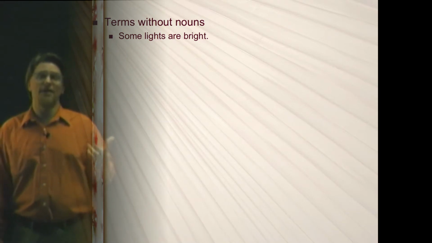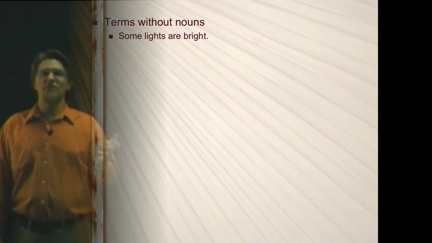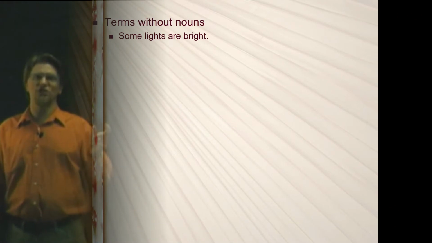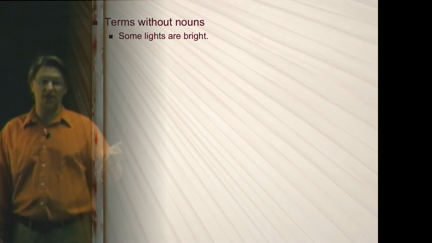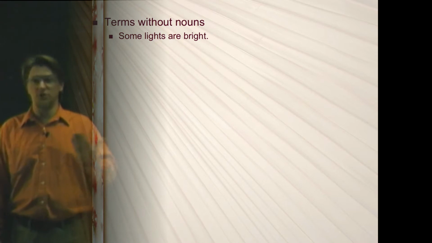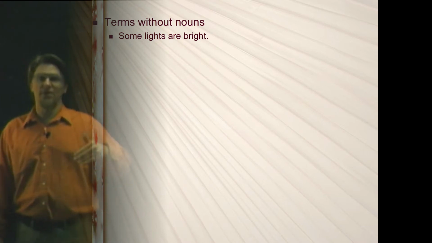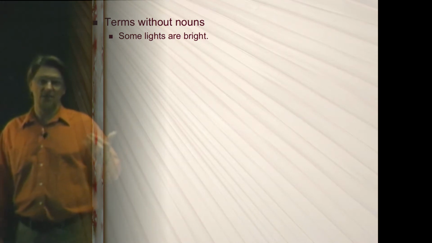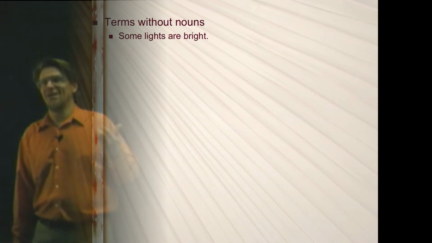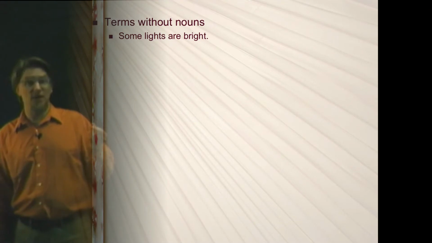The reason can be revealed if we attempt to switch the subject and predicate terms, in other words, to do conversion, as we talked about previously. If you were to convert this sentence, you would end up with some bright are lights, which reveals that there's really a missing noun in the predicate term.